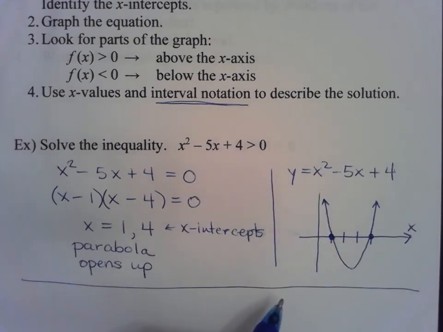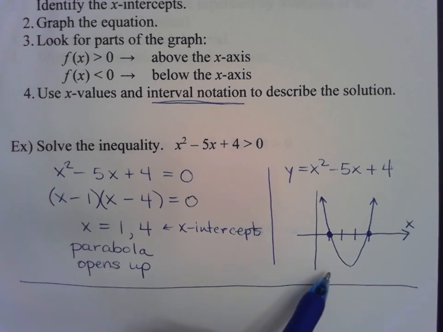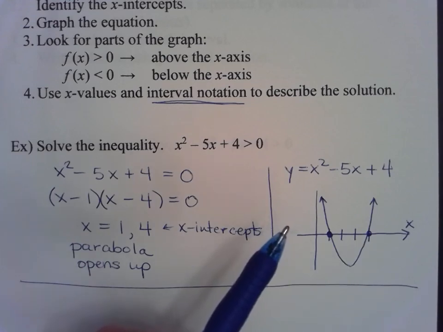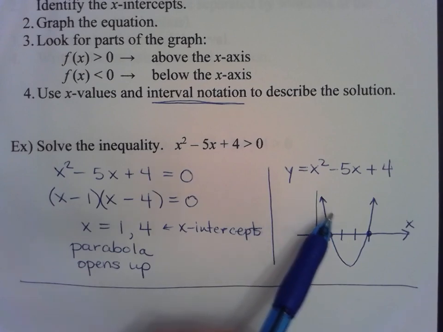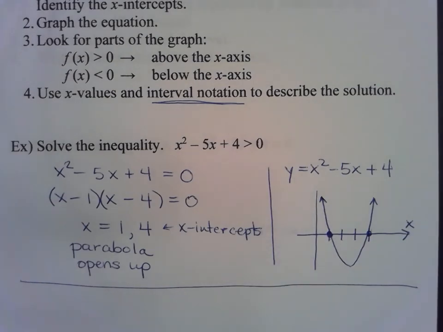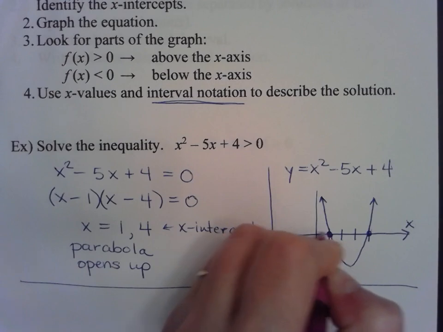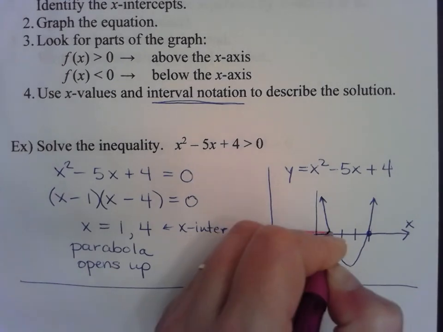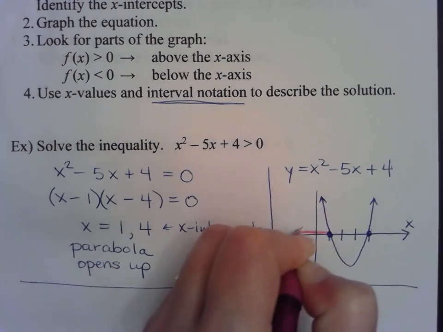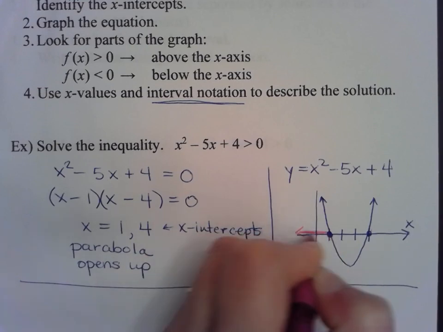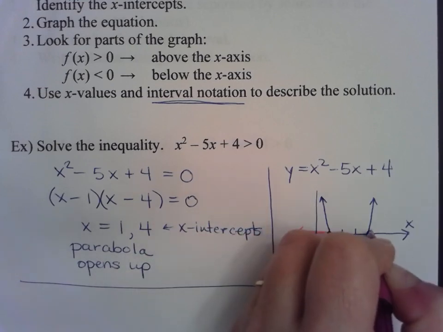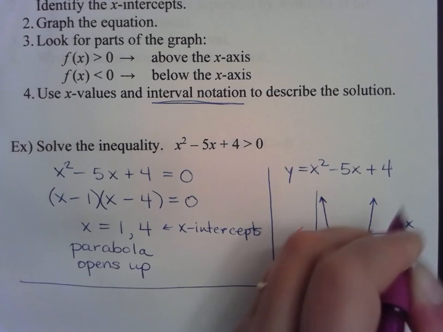So for a parabola, not all of these are going to be parabolas, but for a parabola, this is either going to be the middle or the ends usually, okay? Since we're looking above the x-axis, it's going to be the ends. These two pieces right here are above. So that means the x values that go into making these branches of the graph are going to be from the left on and from the right and on the right hand side.